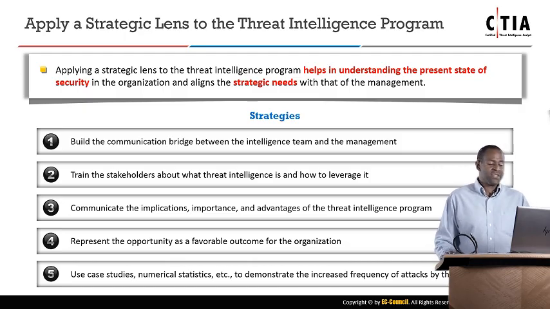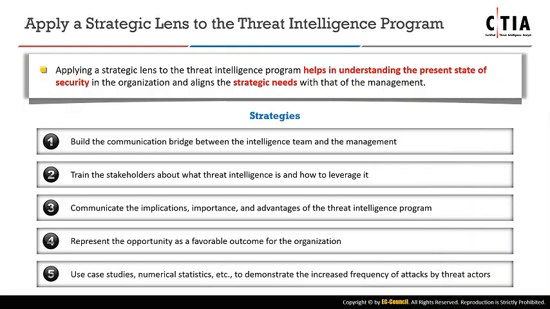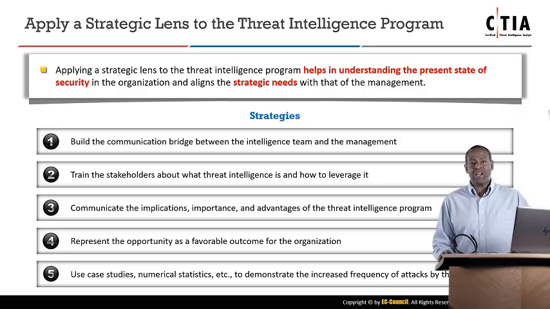Number 5, use case studies and numerical statistics. And you can also use some of the examples that you have done in your research. Demonstrate the increased frequencies of attacks. What's going on in the world? And threat actors. And this is something that changes fairly radically year to year.